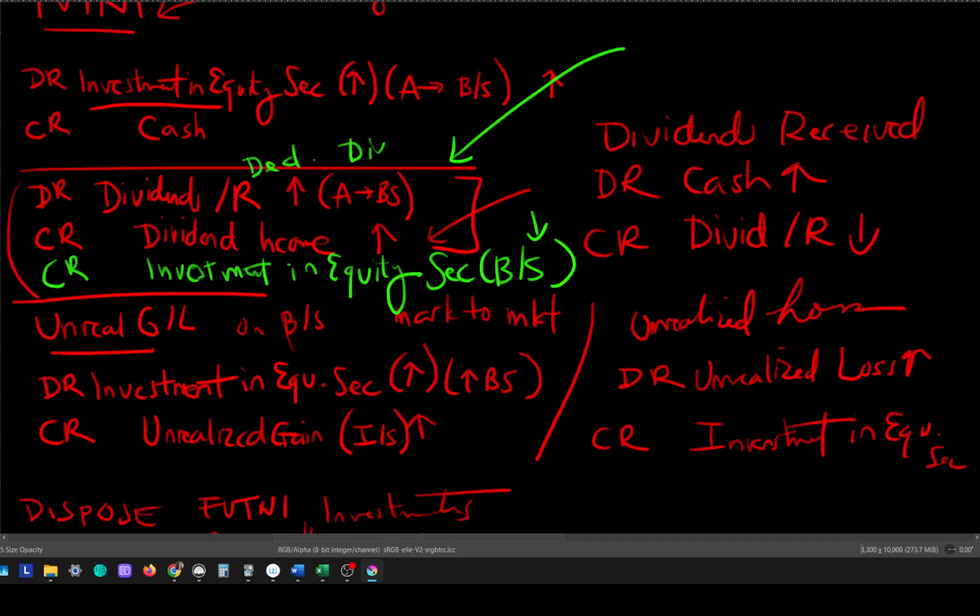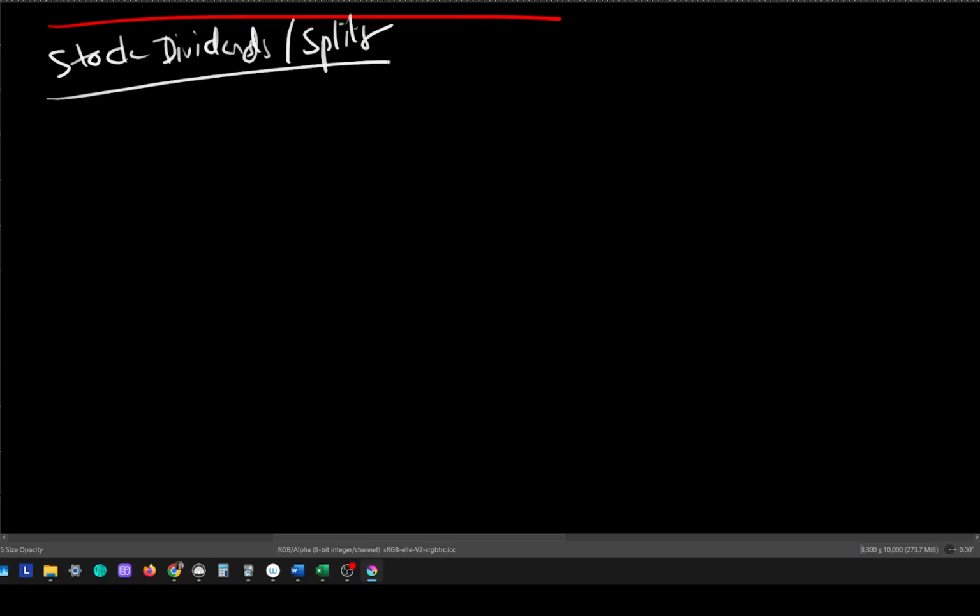stock dividends and stock splits. This is just a good general thing to know when you're studying for the exam because it's treated kind of the same way across all kinds of investments. Stock dividends and stock splits get treated retroactively, so it's as if it had always happened.